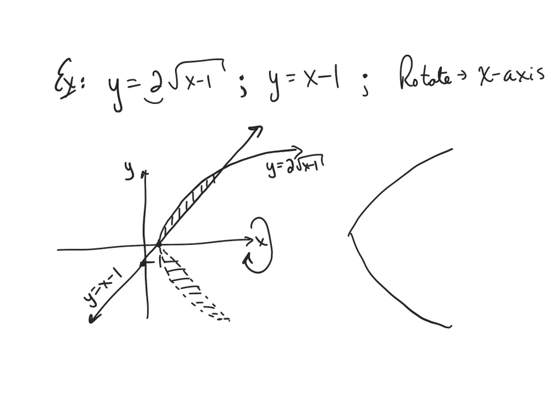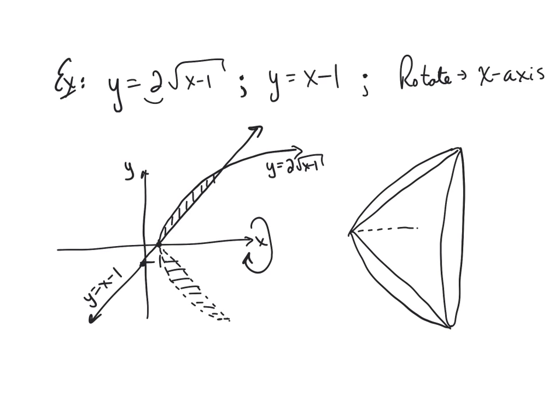So I'd have curves, and then straight lines that hit there and there. The axis of rotation, the x-axis, would be right through the center like that, and so it would look roughly something like that.